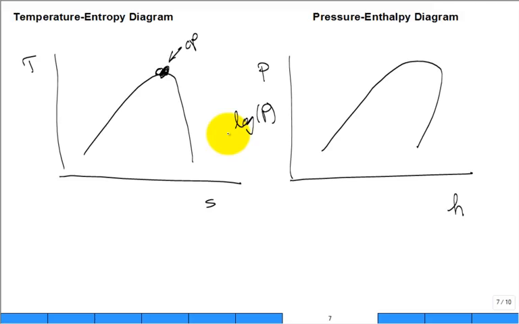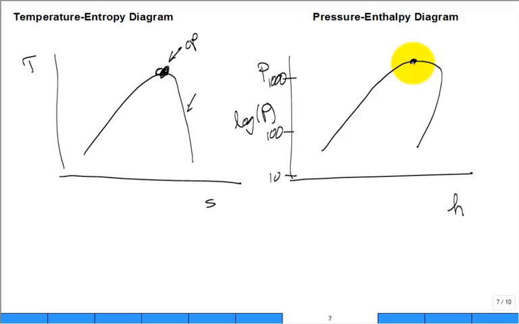This for refrigerants, typically they're steeper over here. And for water, it's more symmetric. Okay. But so maybe this is like 10, and then 100, then 1,000, and kilopascal or something like that. So it's on a log scale for the pressure. Otherwise, if you plot linear, it won't look that way.